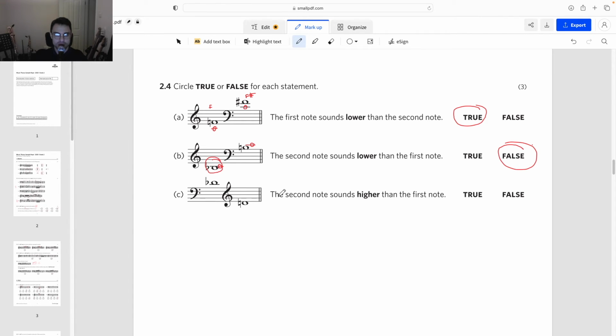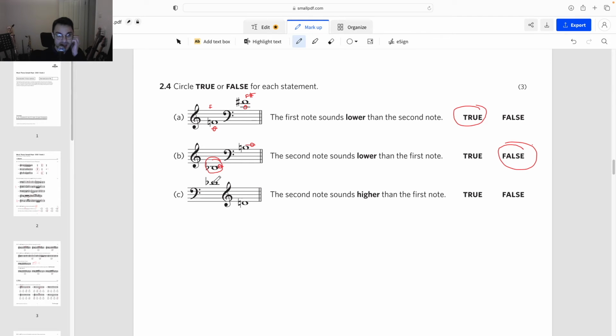And question C, the second note sounds higher than the first note. Watch out, pay attention. They've switched the treble and bass clefs around here. The first two examples, treble clef came first. Now bass clef comes first.